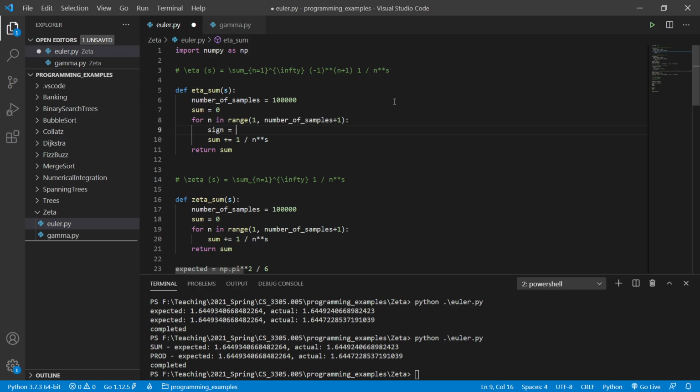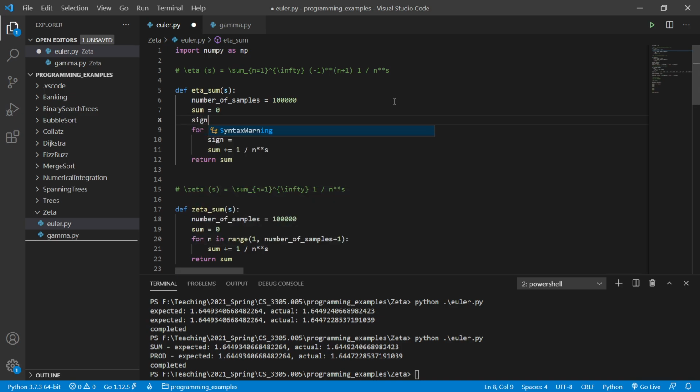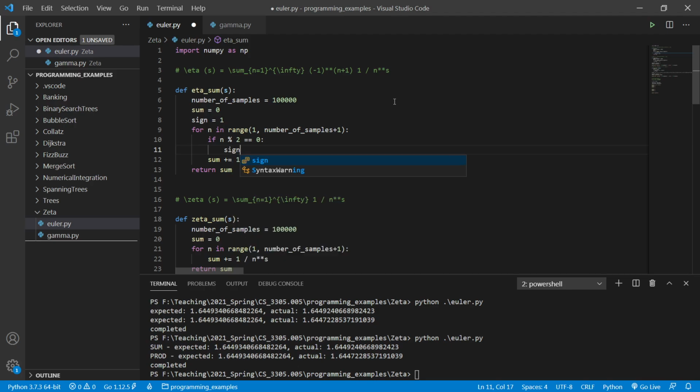And so this is going to be equal to, well, we don't want to have to multiply -1 over and over and over again. So really, we just want to know if n mod 2 is equal to 0, then it's even, and the sign is even.